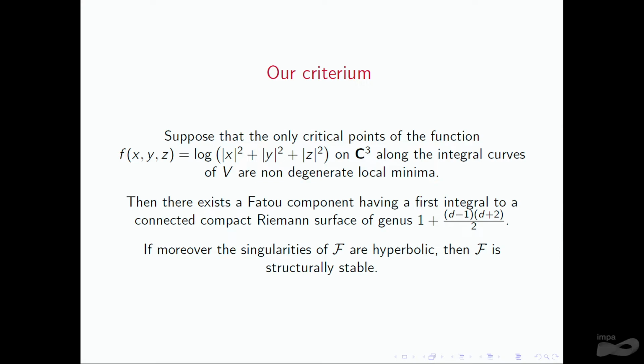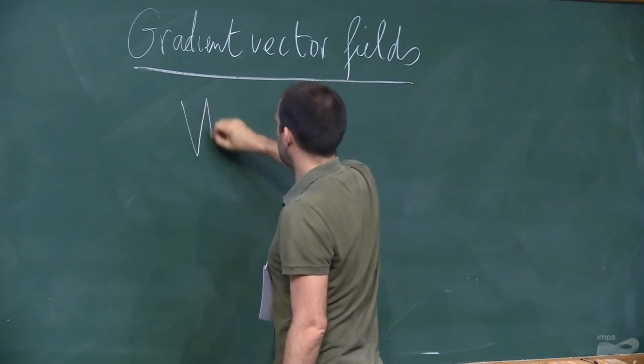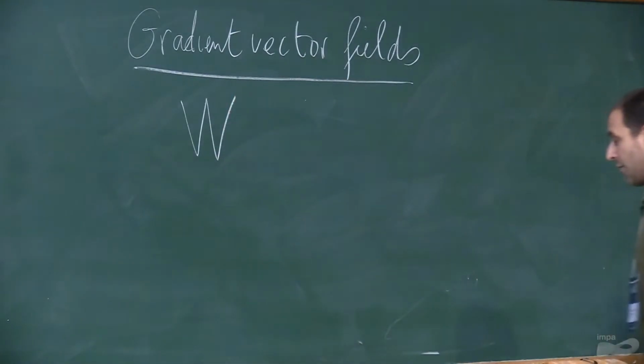So these gradient vector fields are vector fields on C3, but in fact they will be invariant by multiplication by the complex scalars.